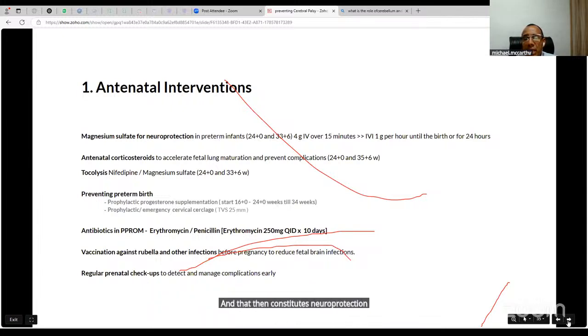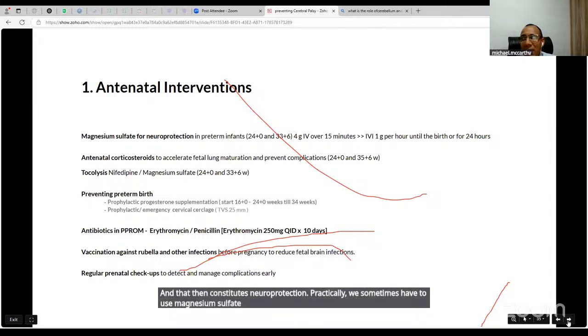Practically, we sometimes have to use magnesium sulfate also for tocolysis. We may need to use higher doses for the maintenance infusion to be able to suppress uterine contractions and then sustain this over 24 hours.